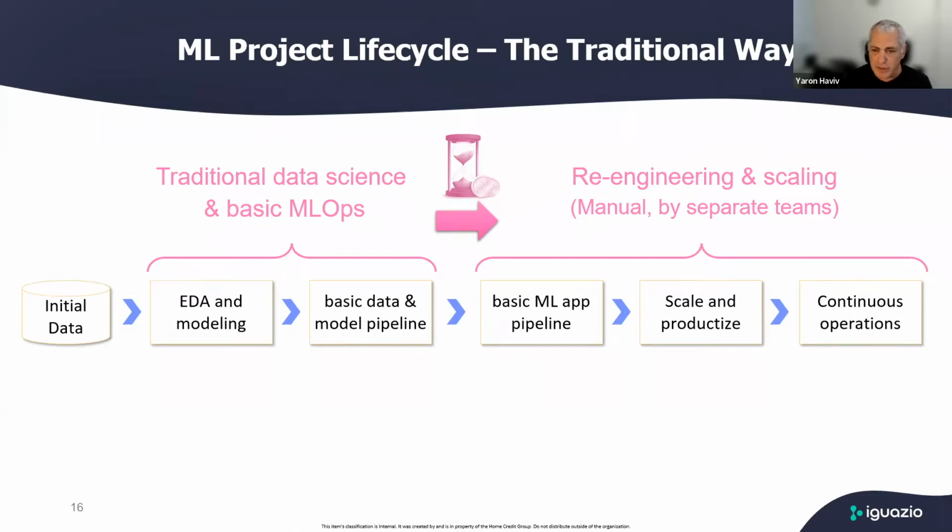And then there's all the aspect of continuous operation, continuous deployment, CI/CD, model monitoring, and so on. But because those two different things are developed as silos, you will see there is a lot of re-engineering that happens here, which wastes a lot of time and a lot of money.